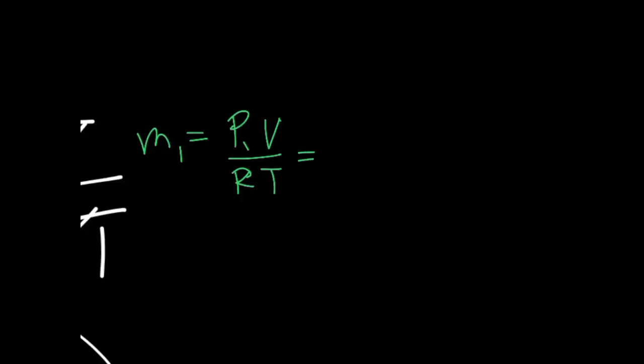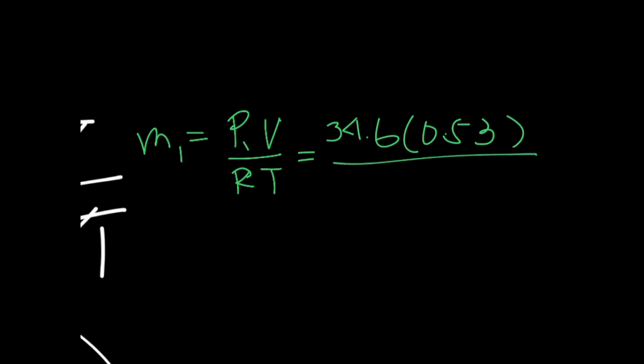So the value of pressure 1 is 34.6 and our volume is 0.53, and our gas constant of air is 0.3704, times our temperature, which is 90.